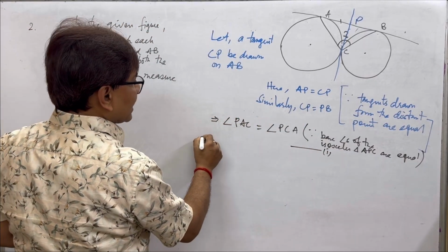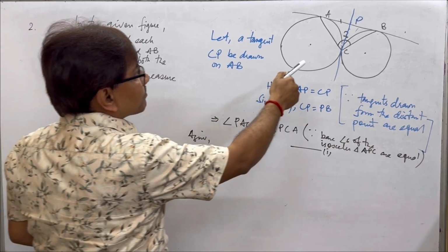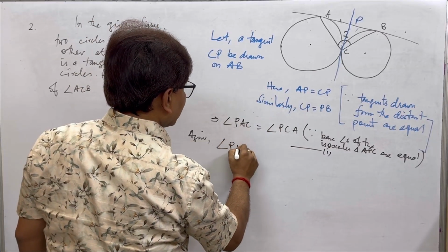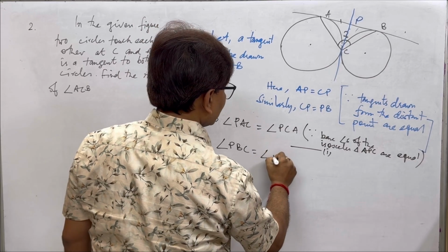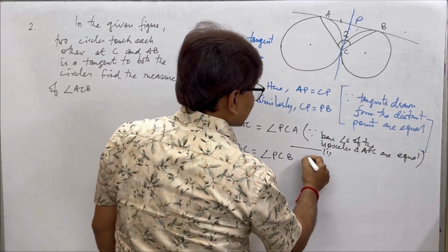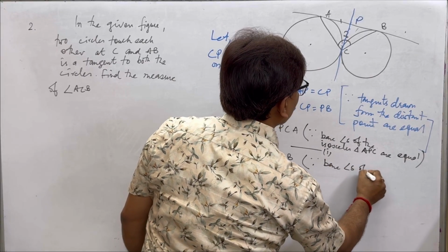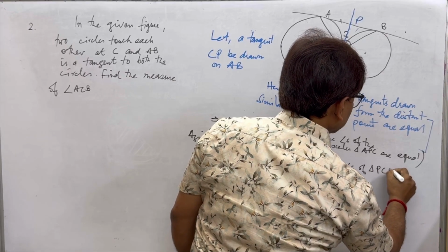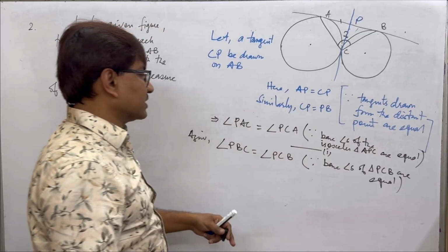Now again similarly we can tell that angle PBC equals angle PCB, since base angles of triangle PCB are equal, or angles opposite to equal sides are always equal.